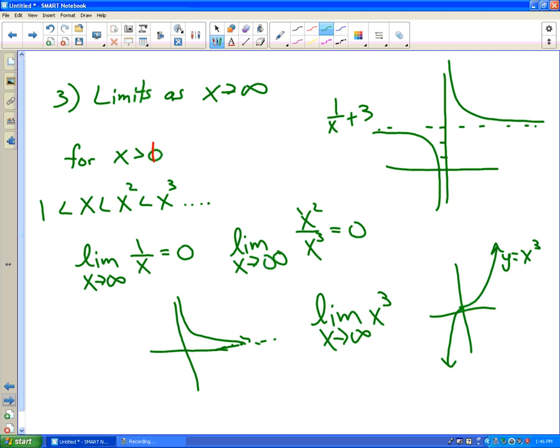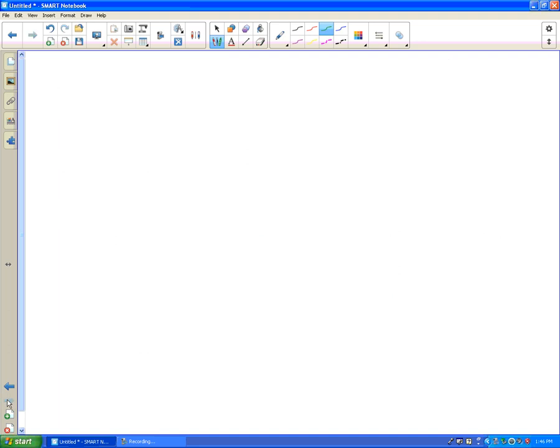And so if we look at just that function in and of itself, as x approaches infinity, y keeps growing. So it doesn't have a limit. It grows without bound. But we're not going to look at polynomial functions like that. We're going to look at some rational functions. So let's take this forward and look at a situation like some of the ones that they had in what you were supposed to read last night.